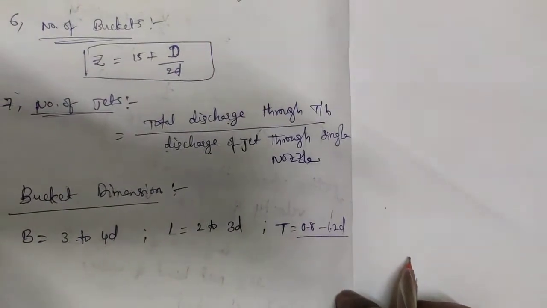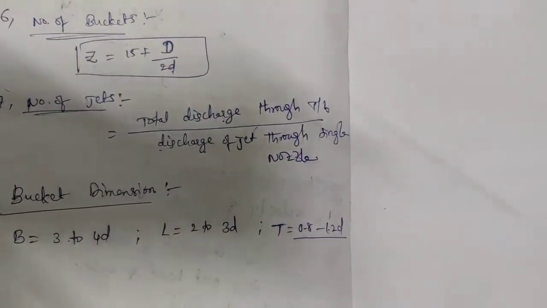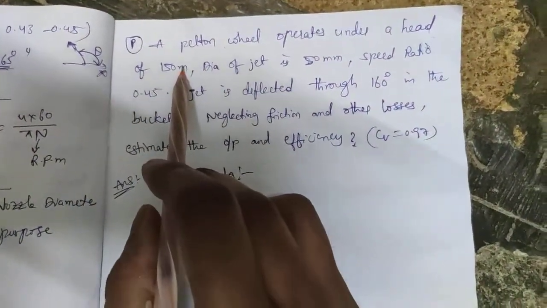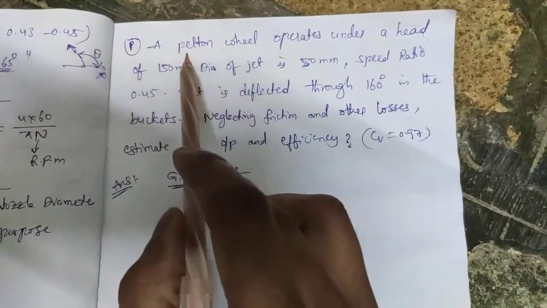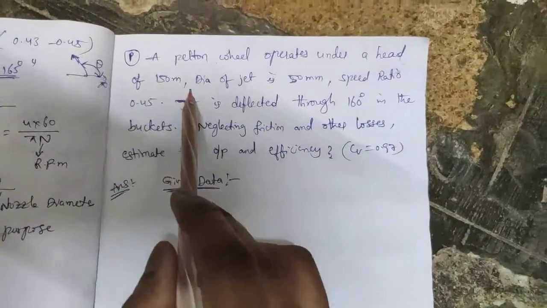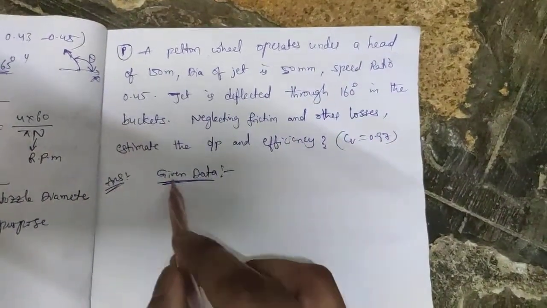So now see one problem. This is a simple problem on Pelton wheel. A Pelton wheel operates under a head of 150 meters. So immediately we write the given data.